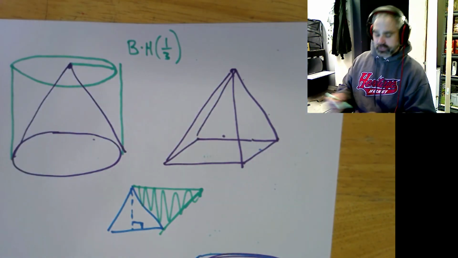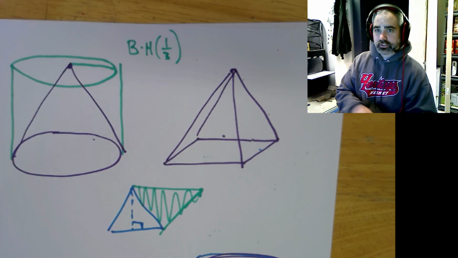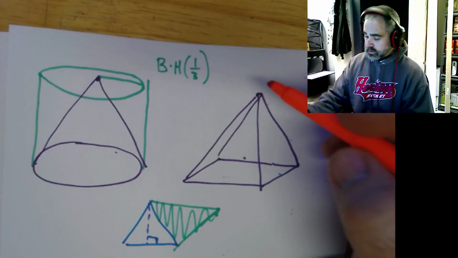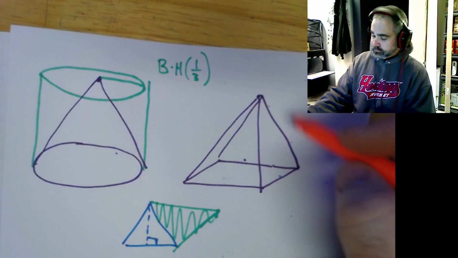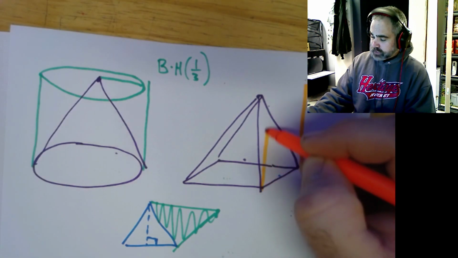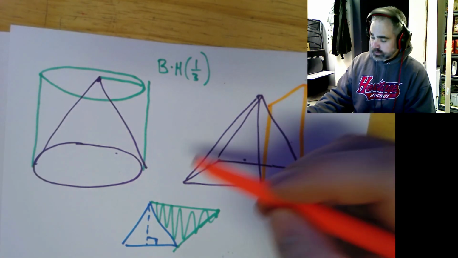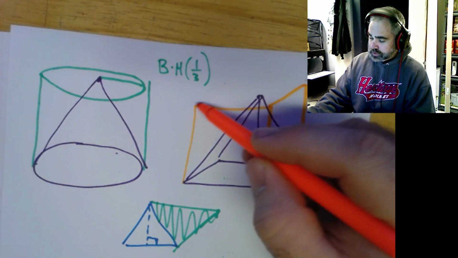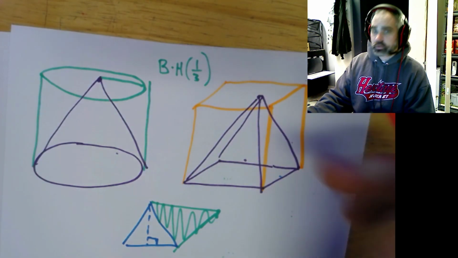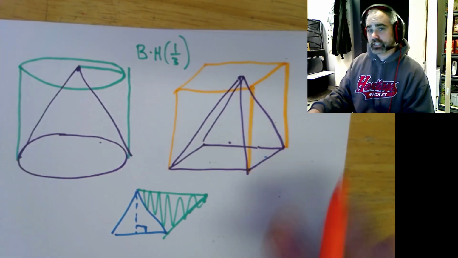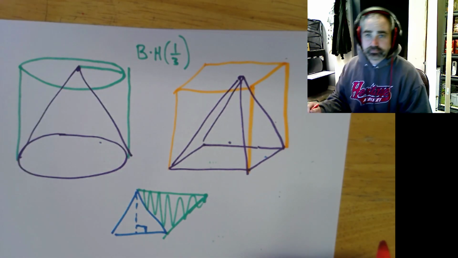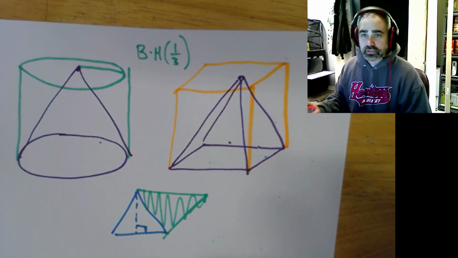The pyramid, same question. The only question is, this one would be a square prism that it would be made up of. And the question is, how much of the square prism does the pyramid take up? And the truth is, it's actually 1/3 as well.